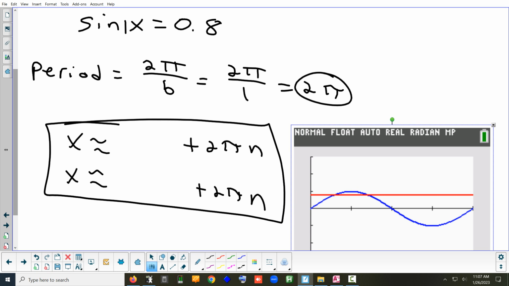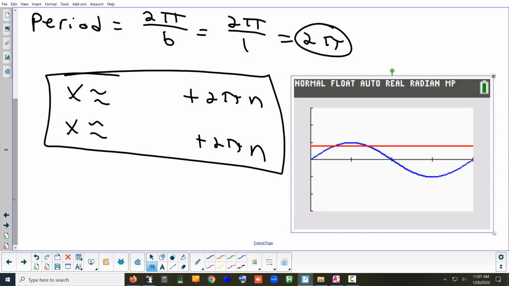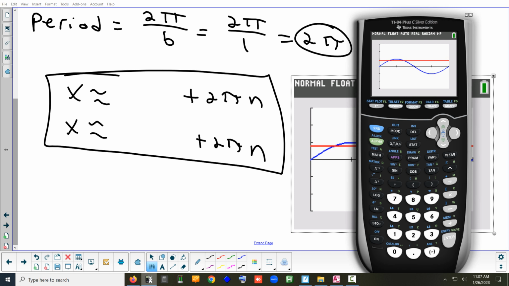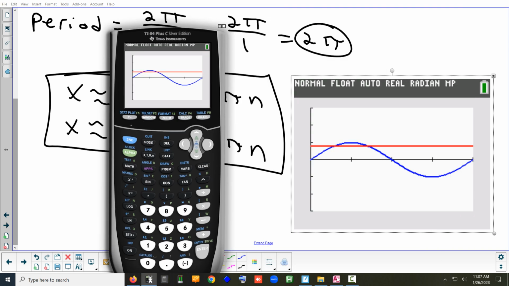And why did I put down 2 of them? Because there's 2 points on this side. Yeah, there's 2 points where the 0.8 equals the sine of x. Those 2 points are evenly distributed around the maximum that occurs in the first half of that cycle. So if you knew where the maximum was and you knew one of them, well, the other one is the same distance on the other side.